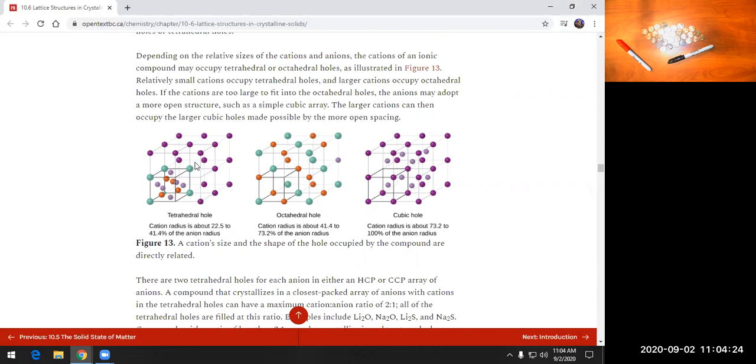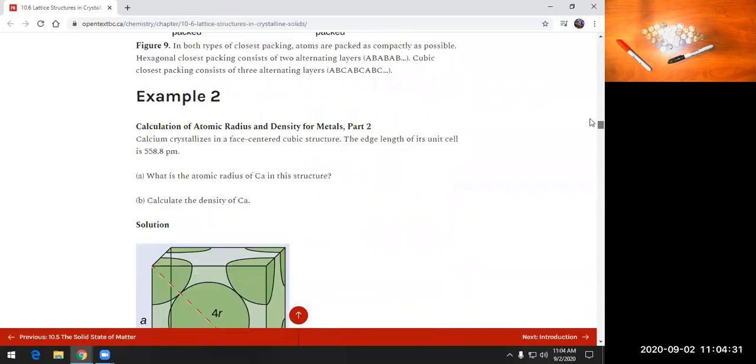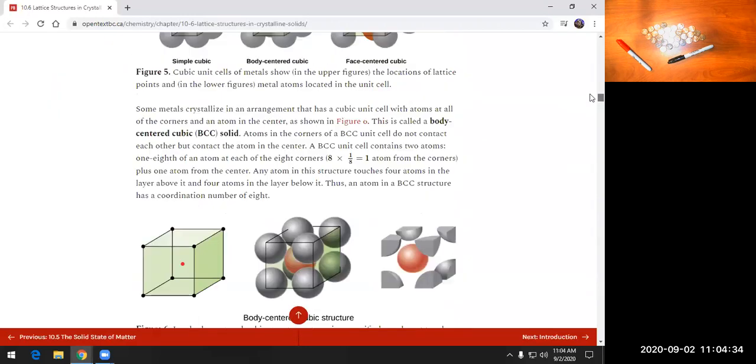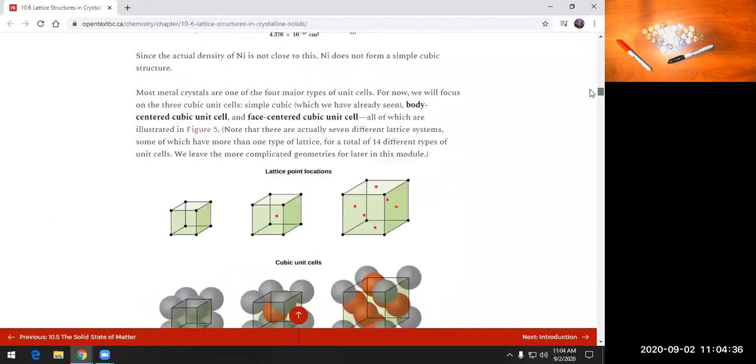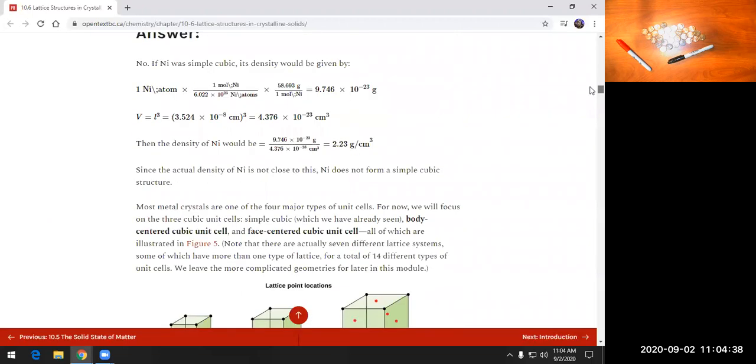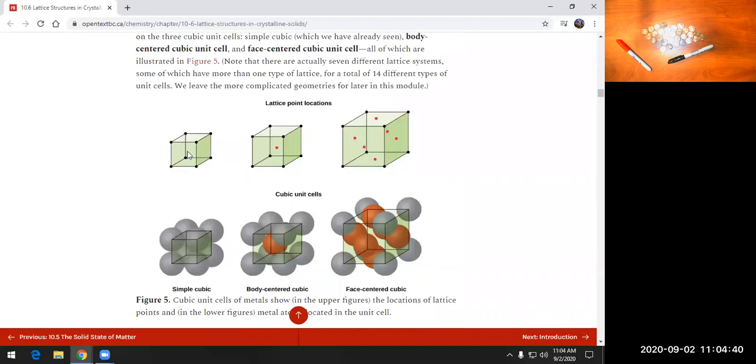So let's back up here. Suppose that we have a simple cubic structure. And we know from the simple cubic structure that there's a hole right in the middle of that simple cubic structure. If we put something into that spot, say a smaller ion, then the number of nearest neighbors is going to be 8.